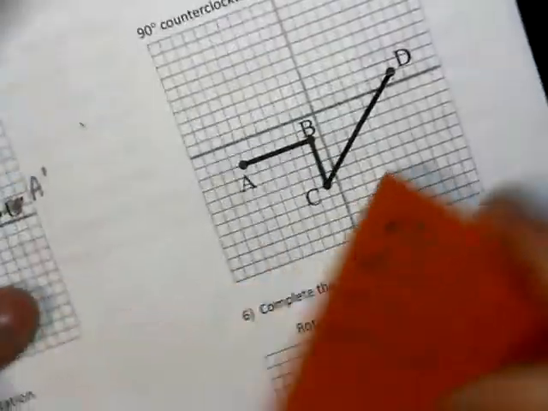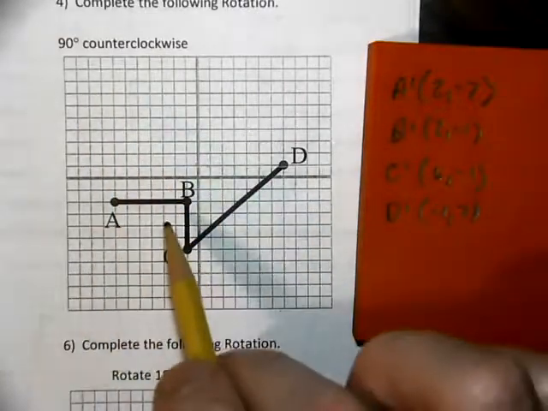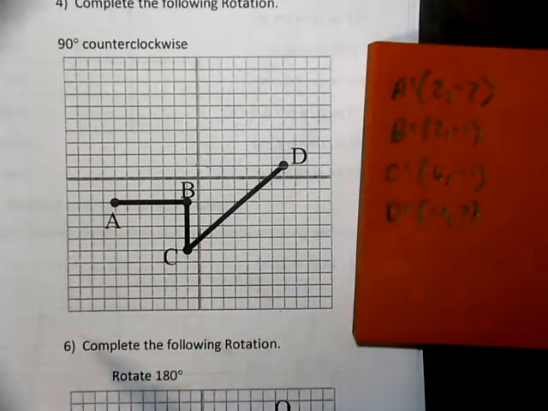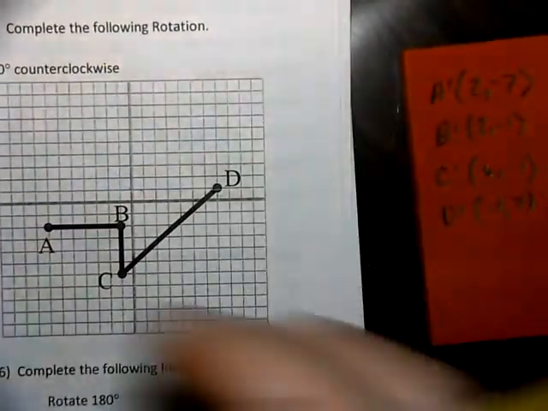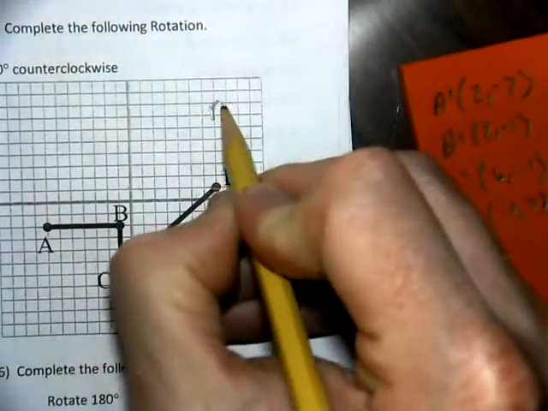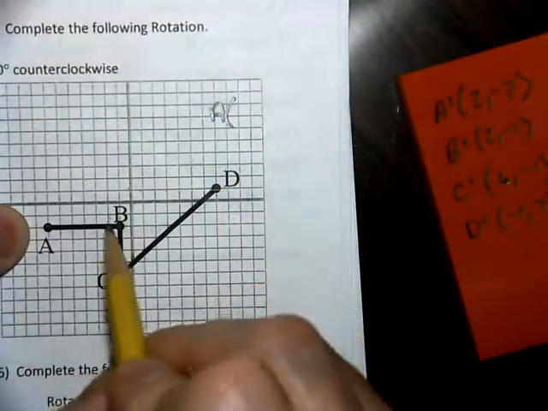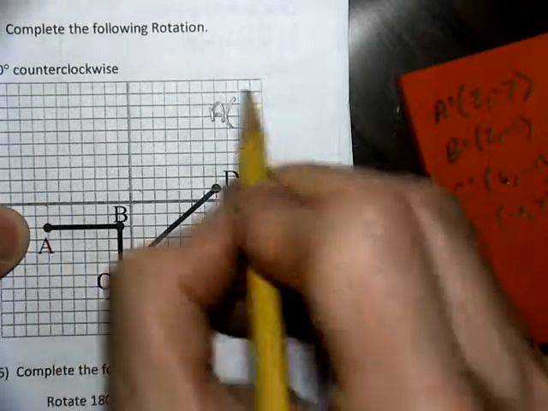Okay? So we could come back to the very beginning now, back to the original format, and we could plot those points. And it would be exactly where it belongs. Or we could figure out the A coordinate, which is -7, -2.